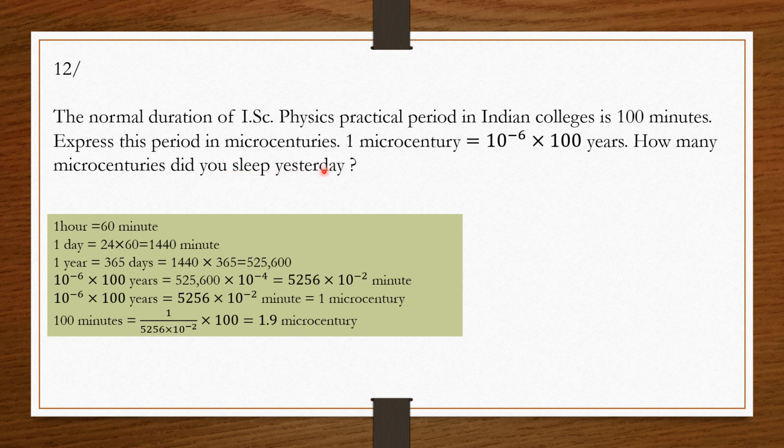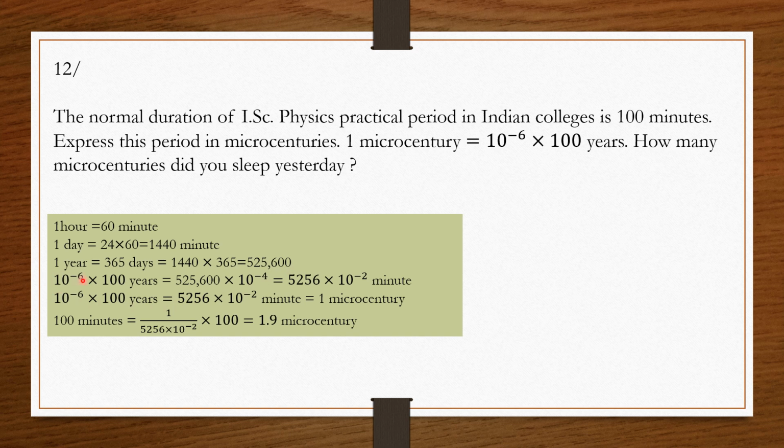So we know that 1 hour is equal to 60 minutes, and that's why 1 day is equal to 24 into 60, that is equal to 1440 minute. And because here we know that 1 microcentury is equal to 10 to the power minus 6 into 100 years, first of all we will convert the year into minute, that is 1 year is equal to 365 days, and that's why it is 525 600 minute.